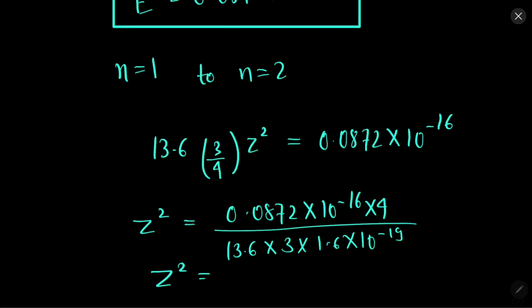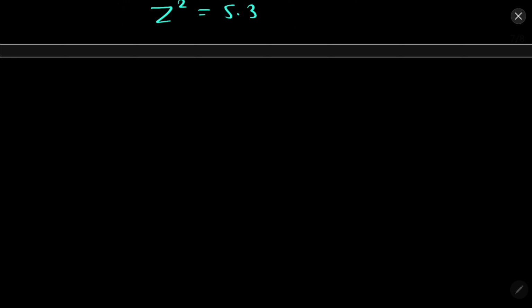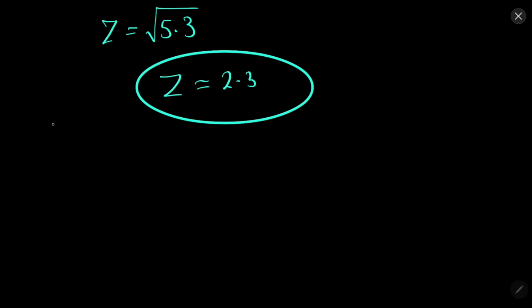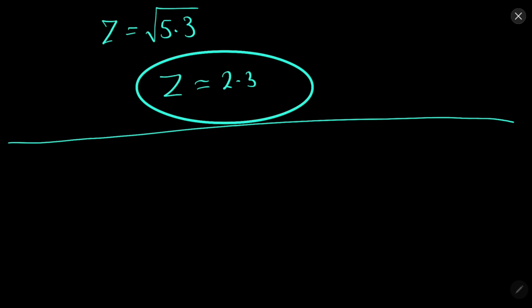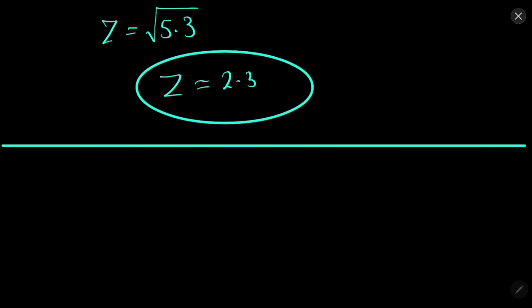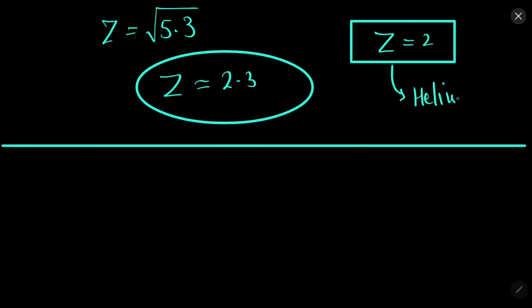So Z square will be 5.3. So Z will be root 5.3, approximately 2.3, or you can say Z equals 2. So if Z is 2, this means it is a helium ion.